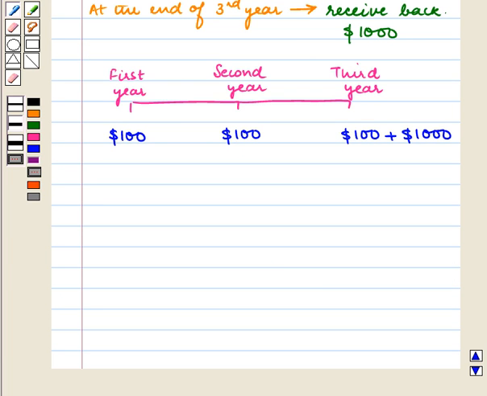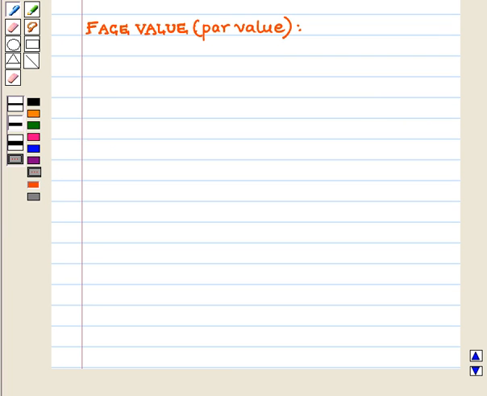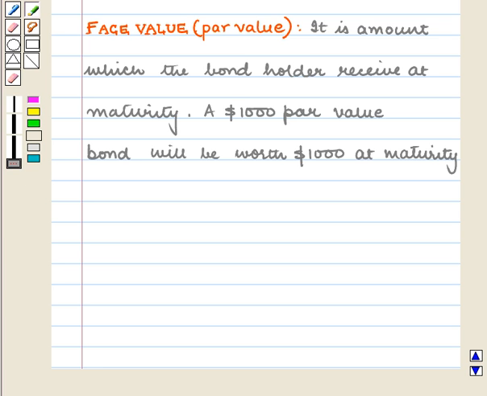Now let us discuss some of the terms related to bonds. First, let us discuss face value or par value. It is the amount which the bondholder receives at maturity. A $1,000 par value bond will be worth $1,000 at maturity.